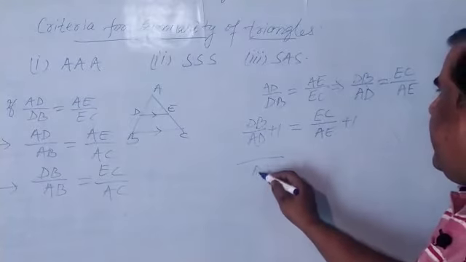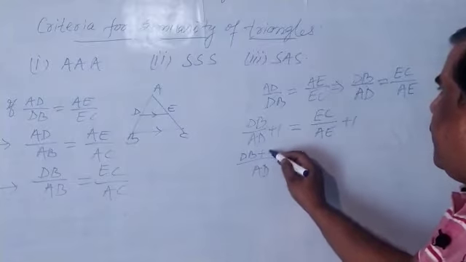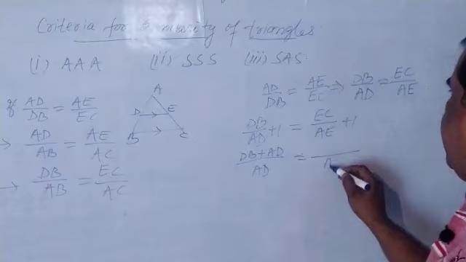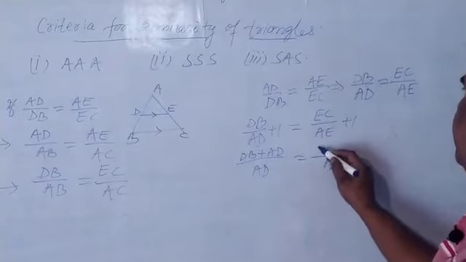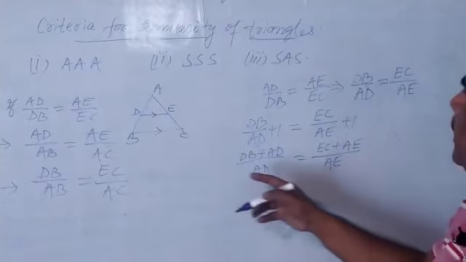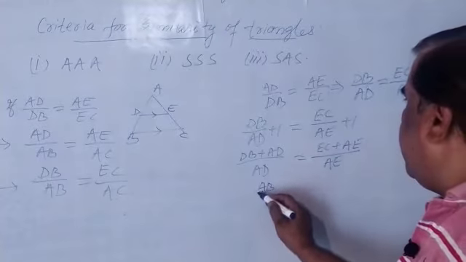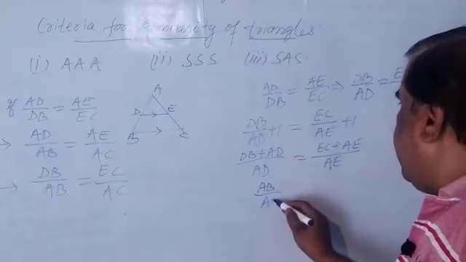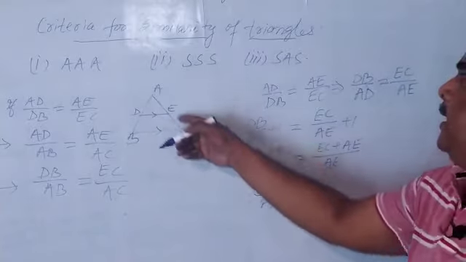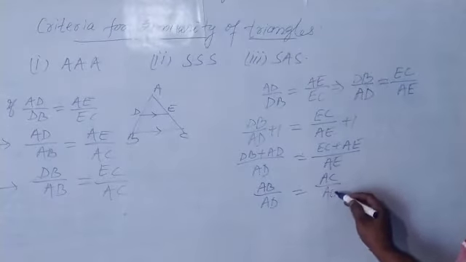So the LCM is AD and the numerator is DB plus AD; the LCM is AE and the numerator is EC plus AE. DB plus AD is AB over AD, and EC plus AE is AC over AE.